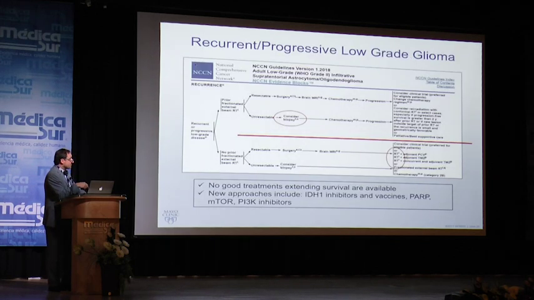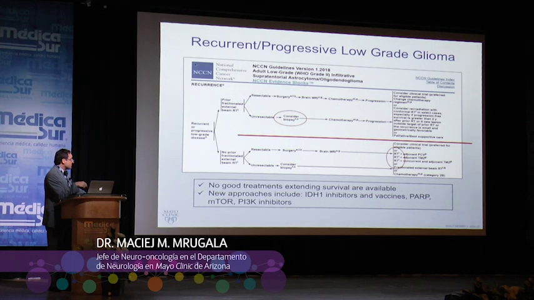When low-grade tumors progress, that becomes a problem for all of us in neuro-oncology. NCCN guidelines, again, have a paradigm in terms of what to do when your tumor progresses. And there are two distinct groups of patients: patients that have previously been treated with radiation, and patients that have not had radiation. And the pathway is slightly different. For the patients that had radiation for low-grade glioma and then you see progression, I like to sometimes do a biopsy if it's possible to see if the tumor has changed grade.